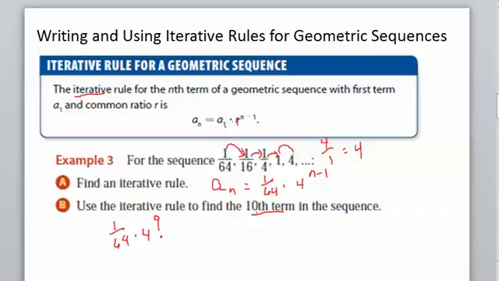Do I know what 4 to the 9th is off the top of my head? No, but if I use my handy dandy calculator, I get 262,144. If I divide that by 64, I'm going to get 4096.